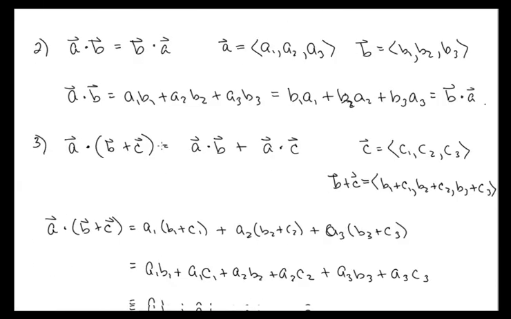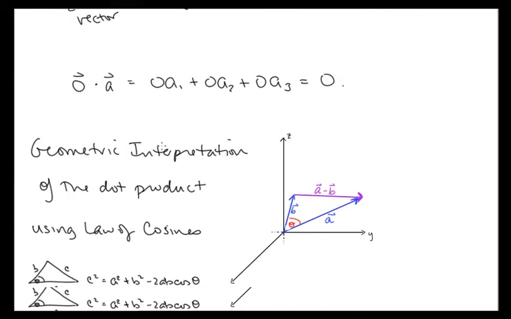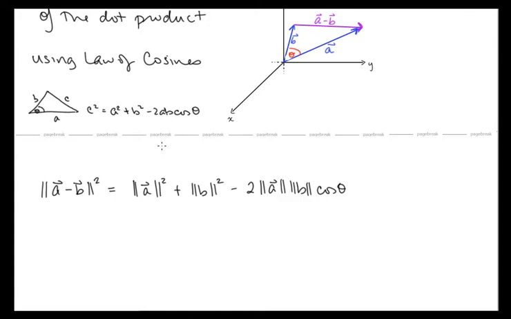So here, what we have is really A minus B dotted with A minus B. And here we have A dot A. Here we have B dot B minus 2. I'm going to leave these in here.